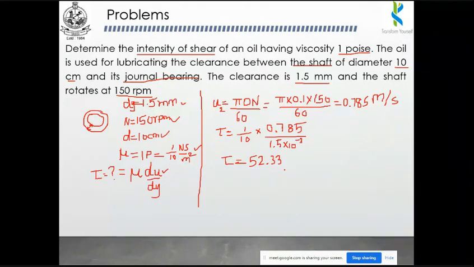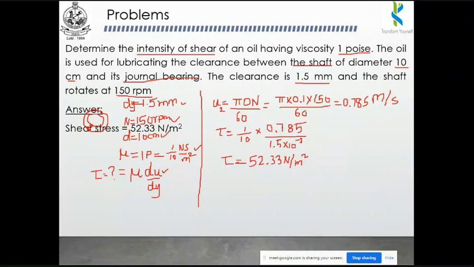Newton per meter square. Yes, Newton per meter square. So that's all about this problem. If you want, you can check the answer. It is 52.33 Newton per meter square.